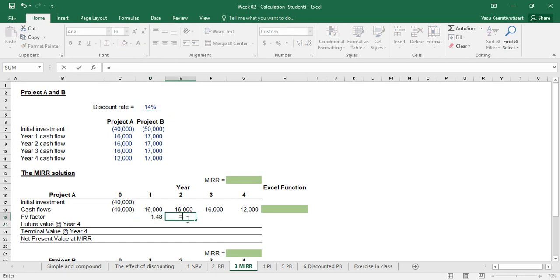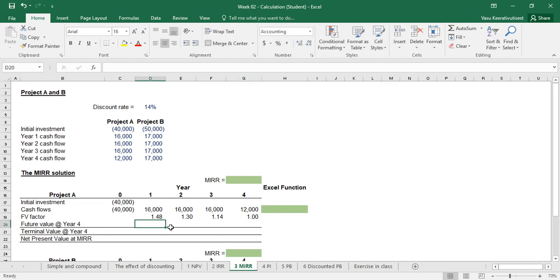I do the same thing, 1 plus discount rate and then power by 1 and 2. So right now we compound 2 periods equal to 1 plus discount rate, and then this is only 1 period compounding. And here no need to compound because they are future value by the end already.